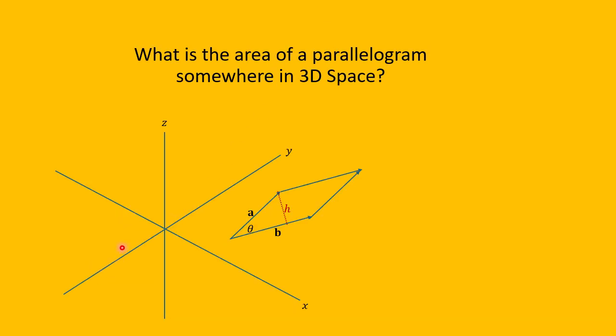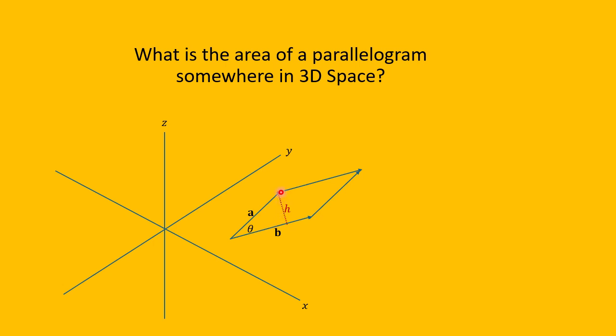So let's suppose that here we have three-dimensional space, with x, y, and z axes, and somewhere out in space, it does not have to be horizontal nor vertical, it could be somewhere in between, we have a parallelogram. One of the sides of the parallelogram is the vector A, another side is the vector B, with an angle theta between them.